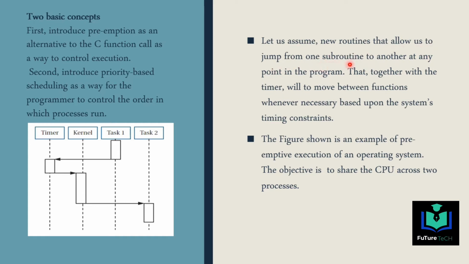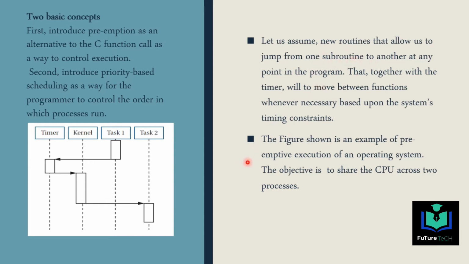This is possible by having only one main routine and jumping from one subroutine to another subroutine. It is possible in a program. Together with the timer, it will move between the functions whenever necessary based upon the system's timing constraints.